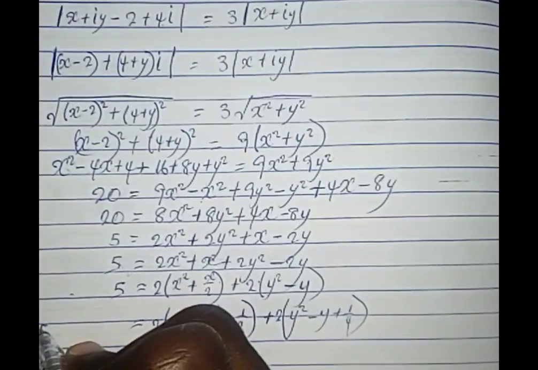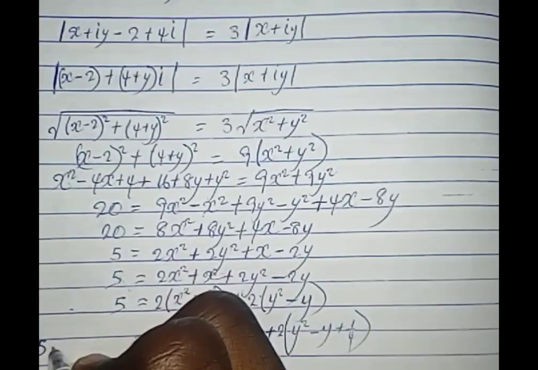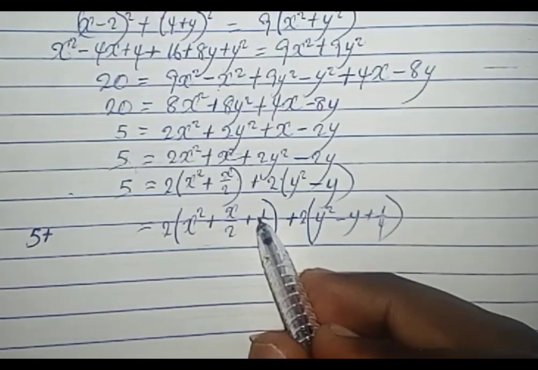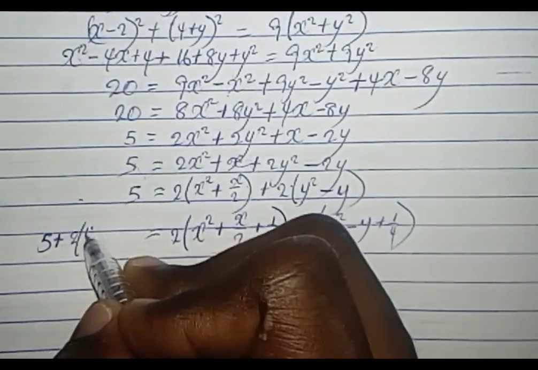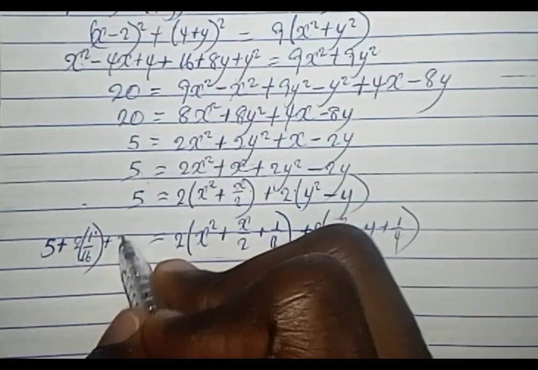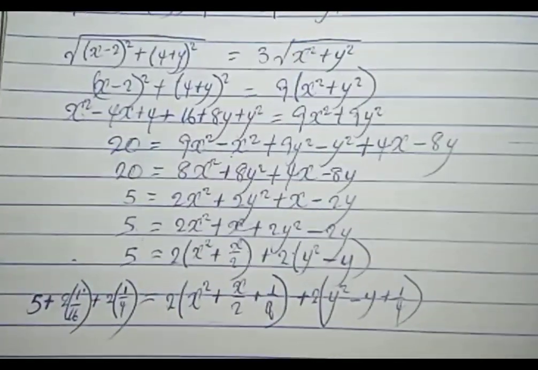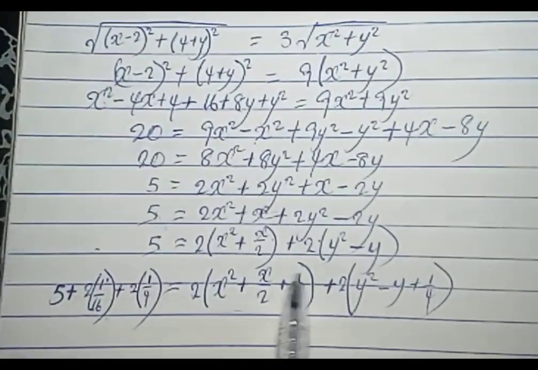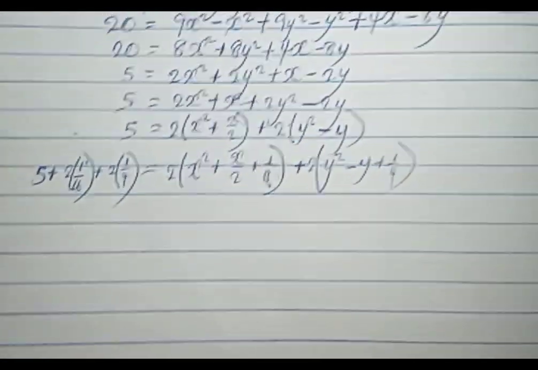So by doing that, I say this is y and 5 plus, if this multiplies this, I would have 2 in brackets 1 over 16 plus this multiplies this, 2 in bracket 1 over 4. So I have to add this to the right side of the equation because it is already at this part of the equation. So you should understand that so as to make the equation balanced.